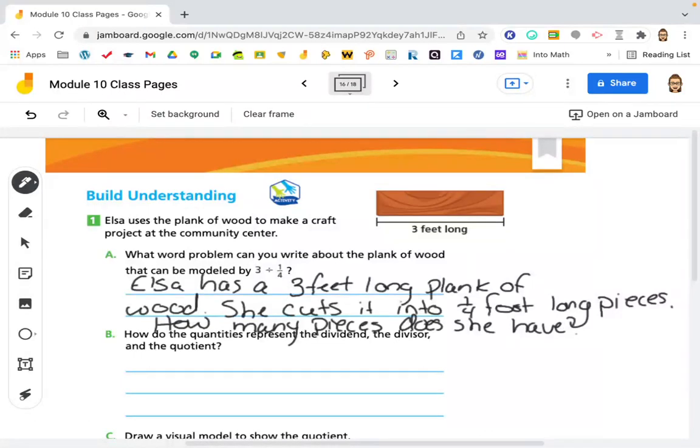And it says, how do the quantities represent the dividend, the divisor, and the quotient? Well, the dividend is the length of wood.